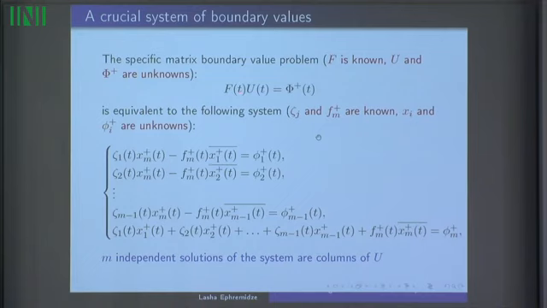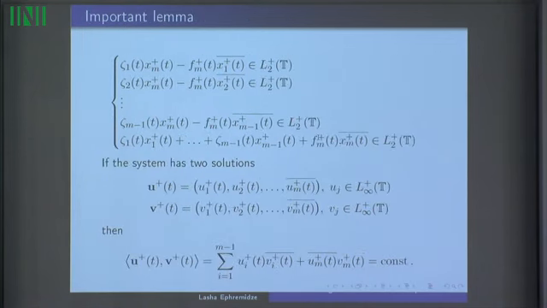And in the case when we make the approximation, the most important role is played by the following lemma: if we have two, maybe identical, solutions of this system, u plus and v plus, then their scalar product is independent of t, it is constant.